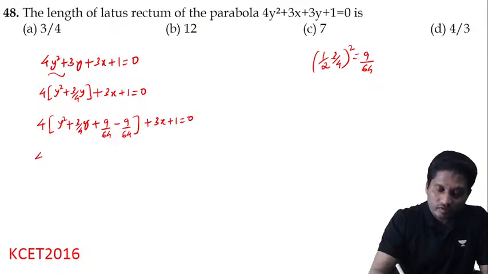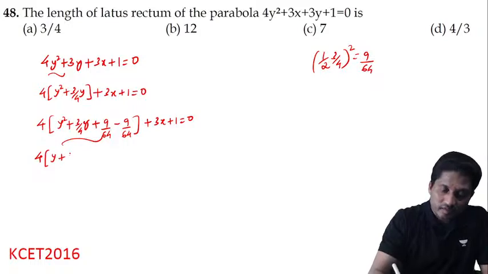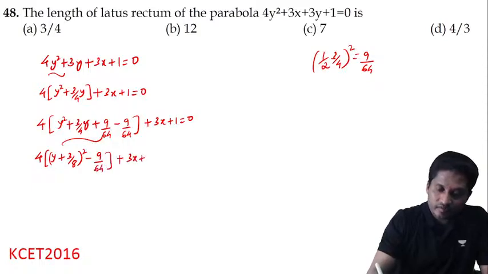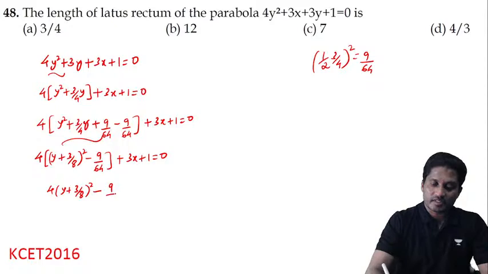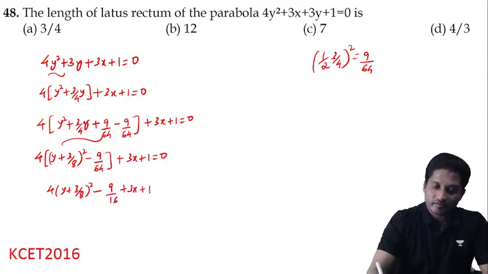So this is equal to 4 times, the first three terms, y plus 3 by 8 the whole square, minus 9 by 64, plus 3x plus 1 is equal to 0. Multiplying, you get 4 into y plus 3 by 8 the whole square, minus 9 by 16, plus 3x plus 1 equal to 0.